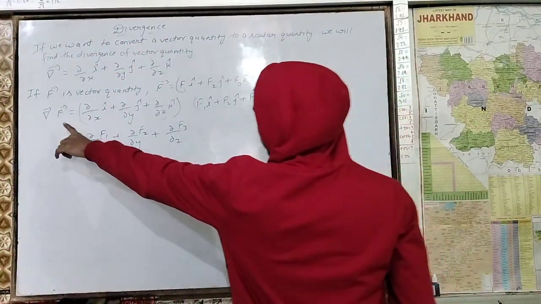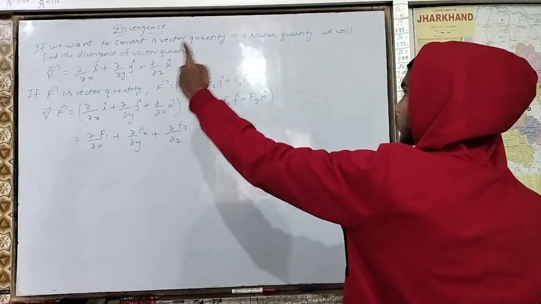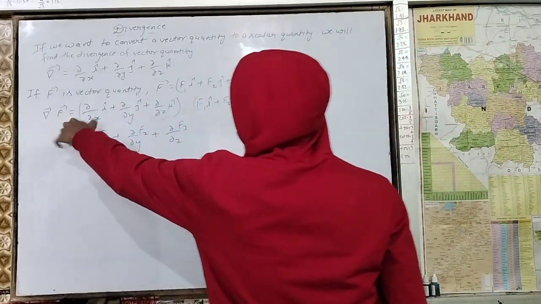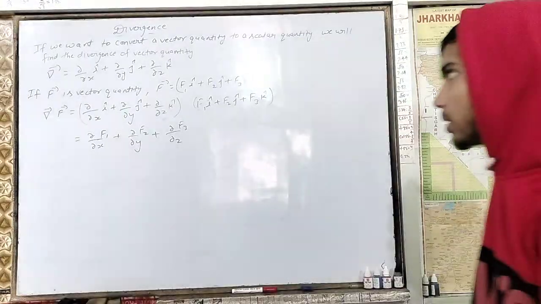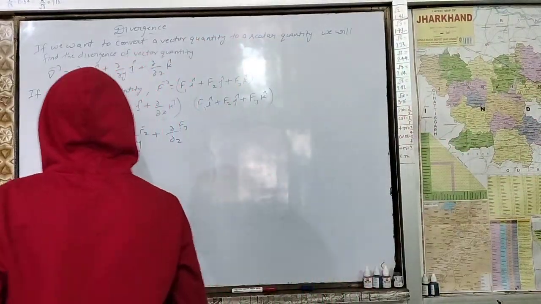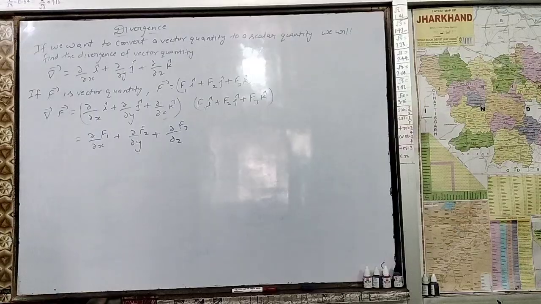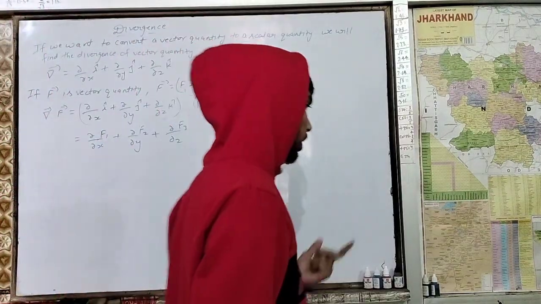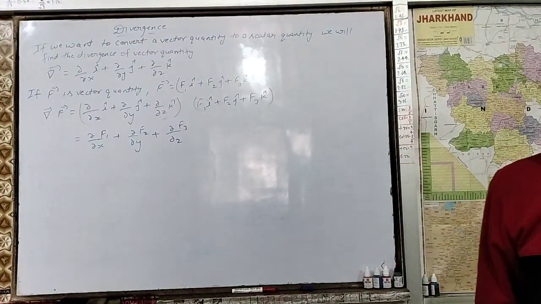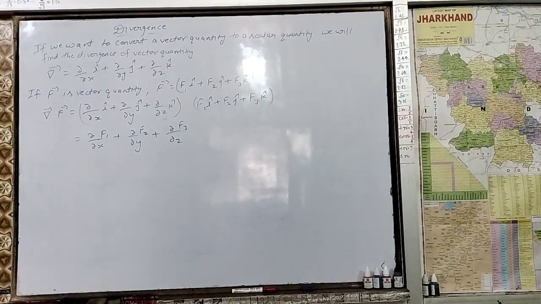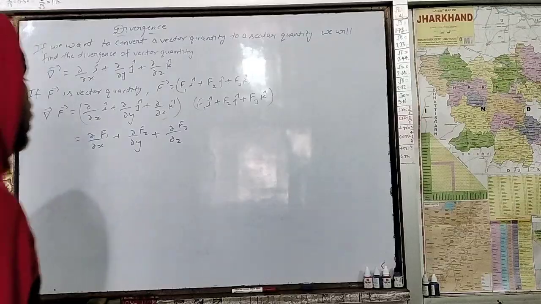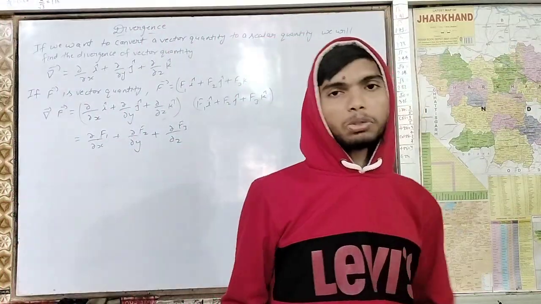Everything is the same except this quantity. In the previous question it was a scalar, but here it is a vector quantity. We are using the dot product. For the gradient of a scalar we use the del operator, and for the divergence of any vector we use the dot product. So remember: gradient, dot product; divergence, dot product; but when it comes to curl, we use the cross product.